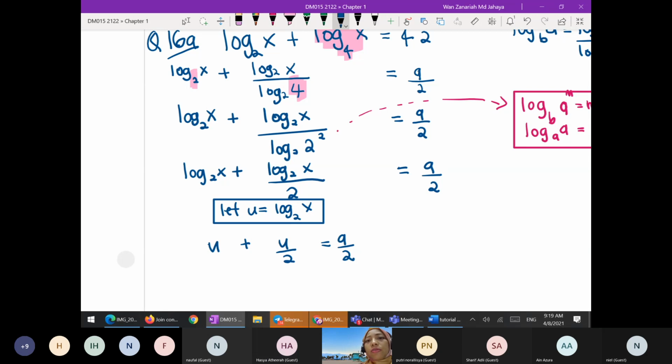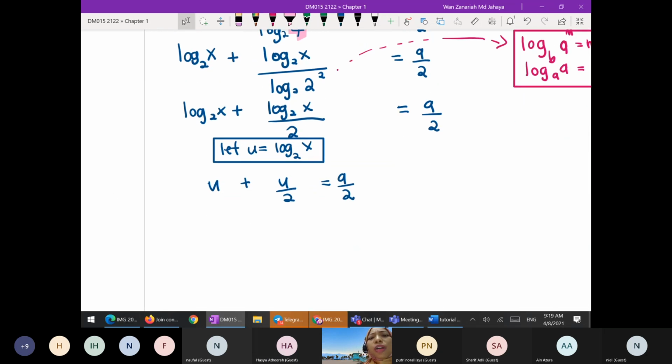Okay. So now we want to simplify lah this function. So 9 over 2 ni bawa ke sini dah boleh jadi negatif. So equals to 0. Okay, so we multiply everything with 2. Here, this one pun multiply with 2. Okay, so 2u plus u minus 9 equals to 0.